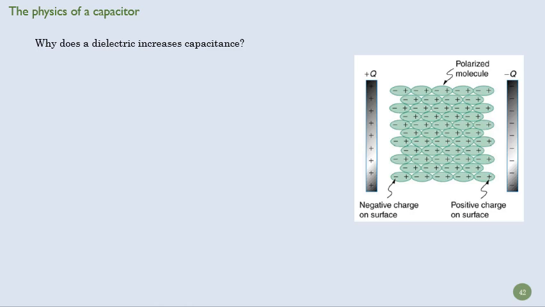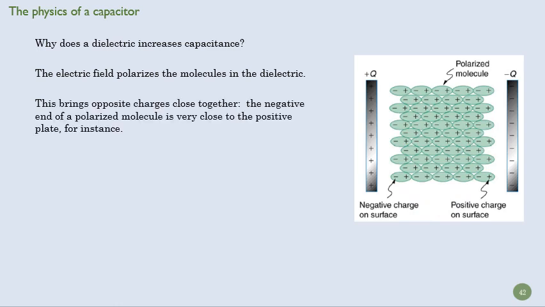More complicated is the dielectric. Why does a dielectric increase capacitance? Well, in this case, you've got a positive charge here and a negative charge here. You've got an insulating material here, so there's no conduction of material here. But you do have a really strong field, and that's going to polarize the molecules in your dielectric.